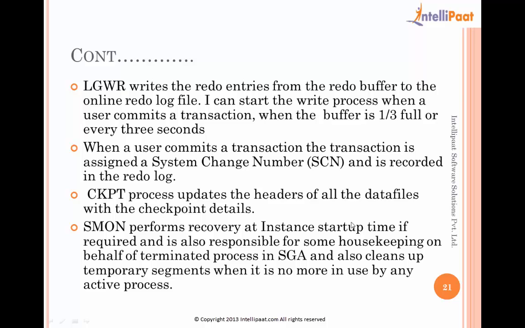The checkpoint process should frequently update the data files and the control files, and if we have done a proper shutdown, and then when we start up, and all the headers in the data files comply with the information in the control file, that is when Oracle knows that the database is consistent.